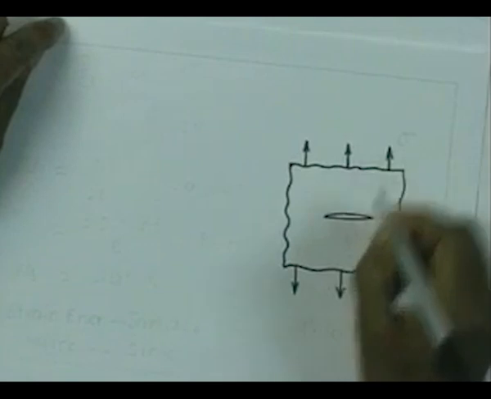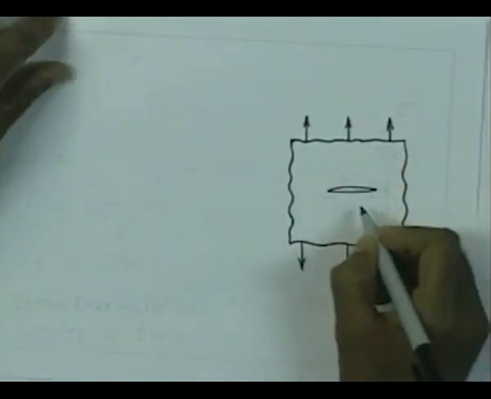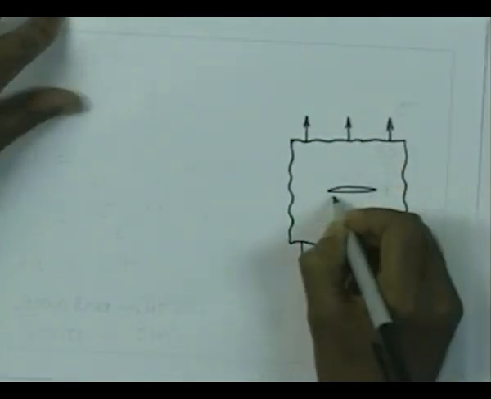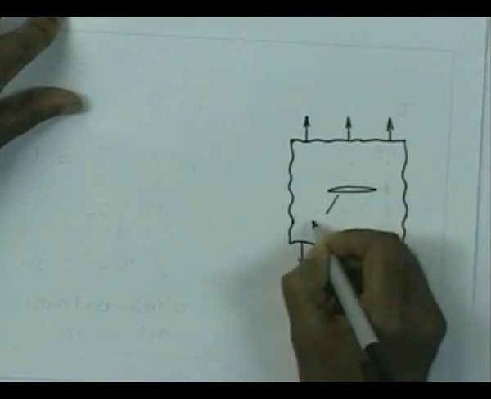So, let us consider the second example, that we have the plate with this loading and the crack is of dimension 2a.